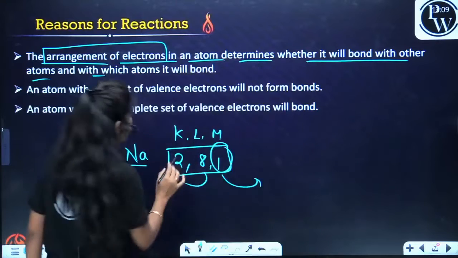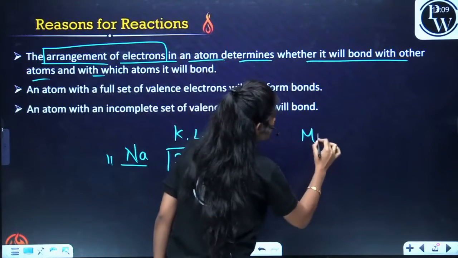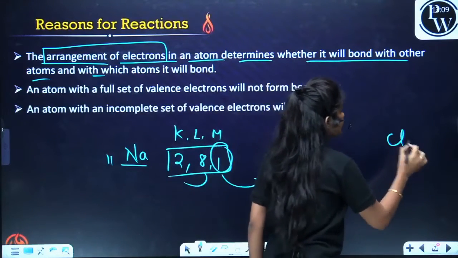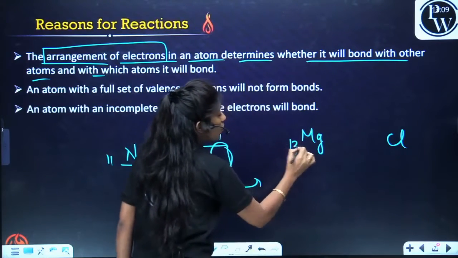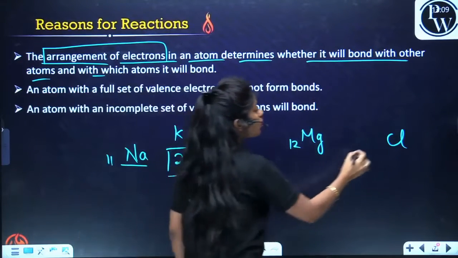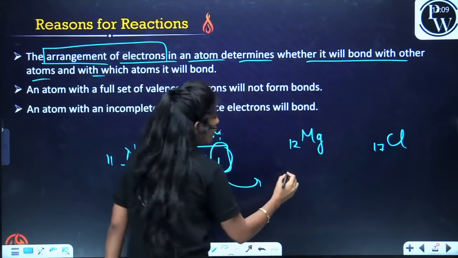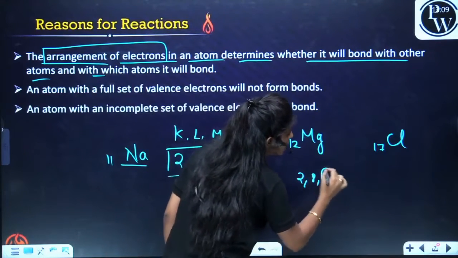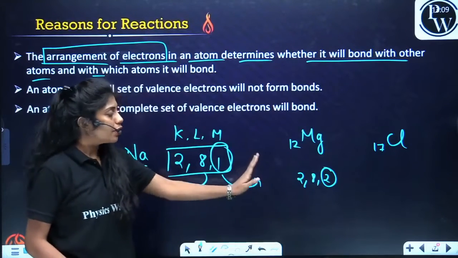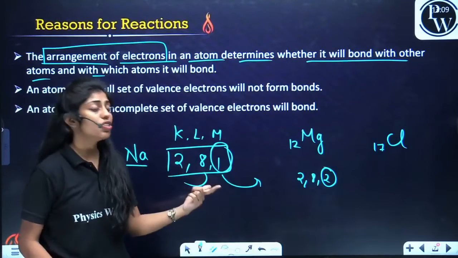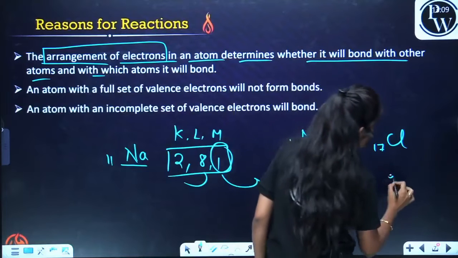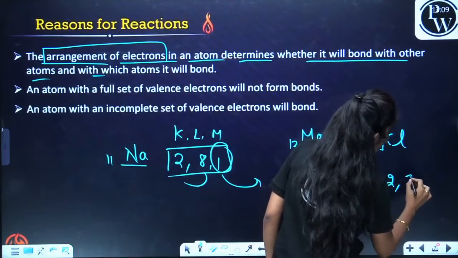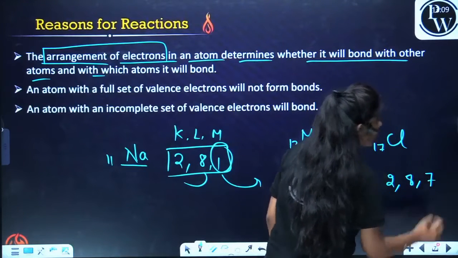Suppose there is sodium, suppose there is magnesium, and then there is chlorine. Magnesium's atomic number is 12, chlorine's atomic number is 17. Write down the electronic configuration for these two elements. You will find there are 2 electrons in the outer shell of magnesium, while in the case of chlorine there are 7 electrons.